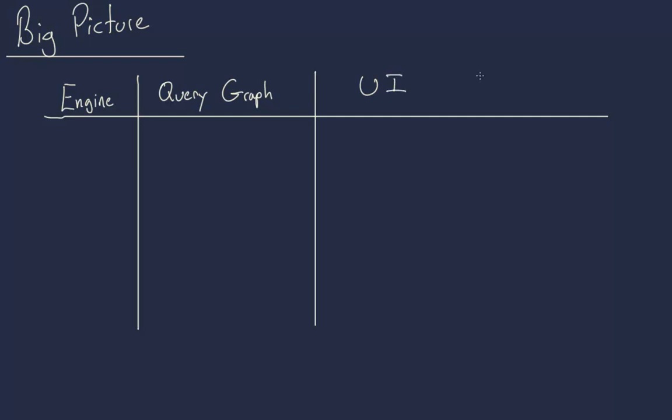The engine and query graph, and the UI for that matter, are almost exclusively going to be runtime code. The card definitions are going to be a mix of both runtime and game initialization code. Now, the engine is just going to be a bunch of classes that talk to each other.